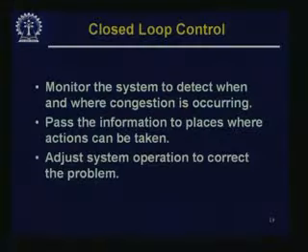Now if it can identify the sources which are the chief sources of trouble, in the sense that they are pumping a lot of packets which cannot be handled here, and send a feedback back to the source so that he can control his behavior, maybe send fewer packets, then the situation can be handled. Or you can adjust some system parameters like maybe window size in TCP. These are examples of the kind of thing you can do with closed loop control.